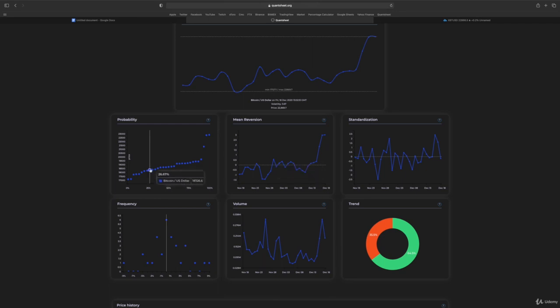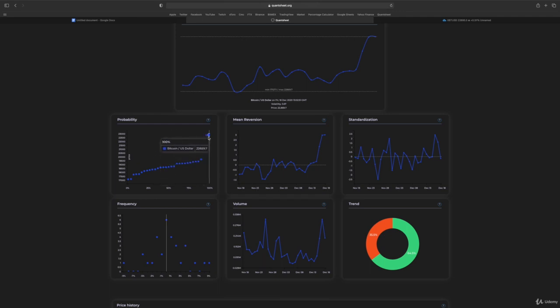So for example, if I go here, right now we can see 30% and price 18,300. This is telling us that based on the last 30 days, there is only a 30% chance that price would go lower than 18,000.